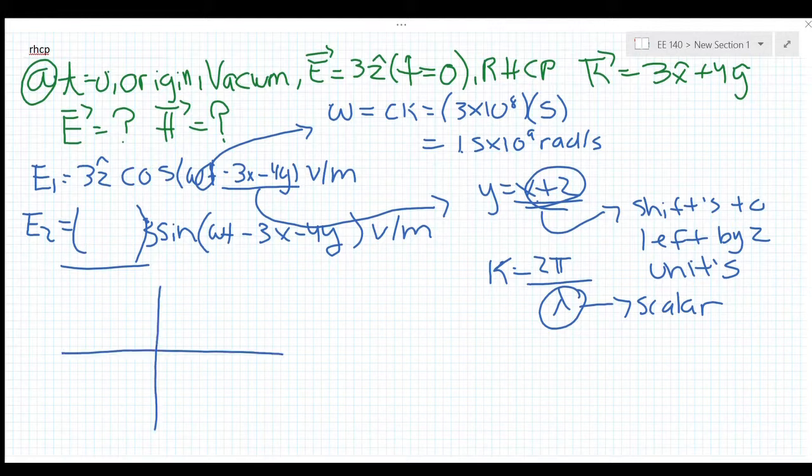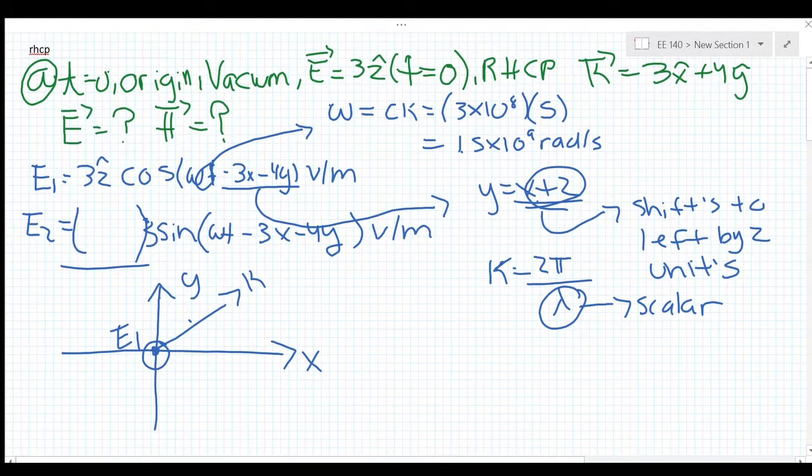So we have our axes, our y and our x. Our k is going to be this, and coming out of the board is defined as positive z, and that's the direction of E1. For right-hand circular polarization, the thumb is going in the direction of propagation, which is k, and the fingers curling mimic the rotation.